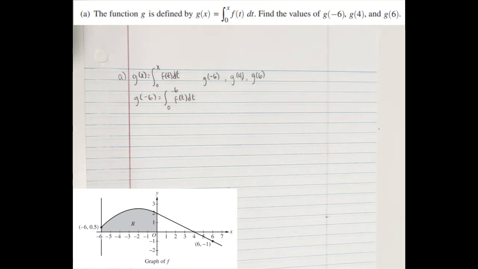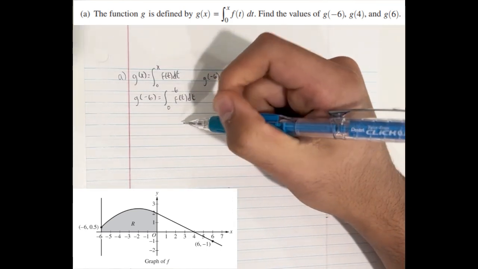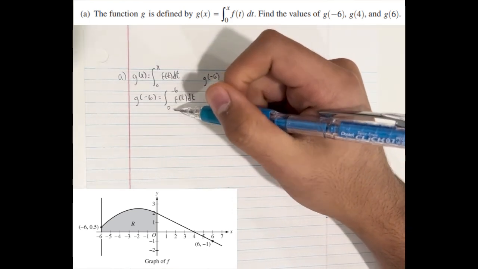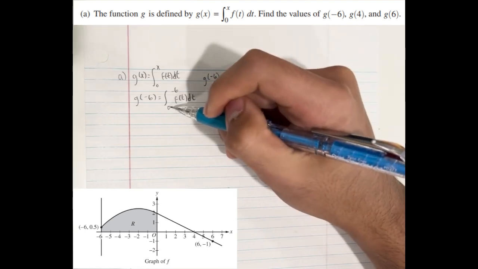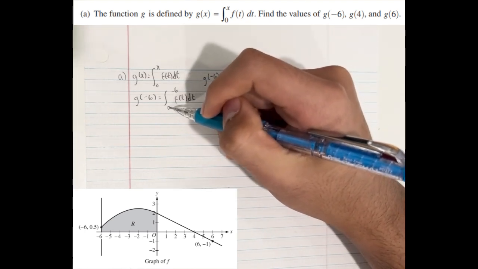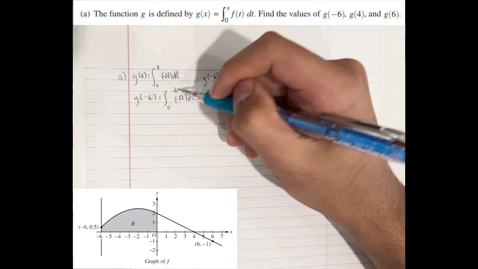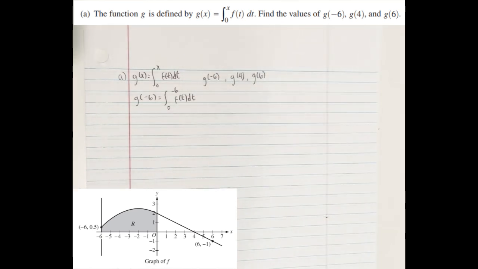Now, notice how the number on the bottom is less than the number on the top. The limits of the integral are in an order in which the bottom is less than the top. That means any area we count, we have to multiply by -1.